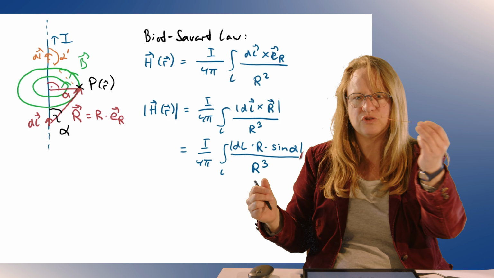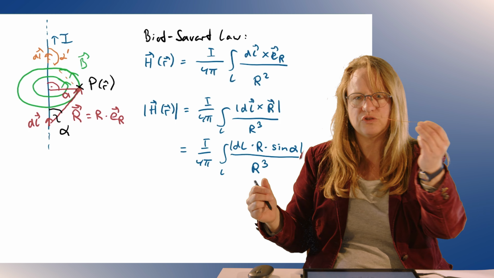And it has been seen in the past that to solve this integral, it's easiest to formulate everything in terms of the angle alpha instead of the position L. So we are not doing the position L from minus infinity to infinity, but we are considering the angle alpha from 0 degrees to 180 degrees.